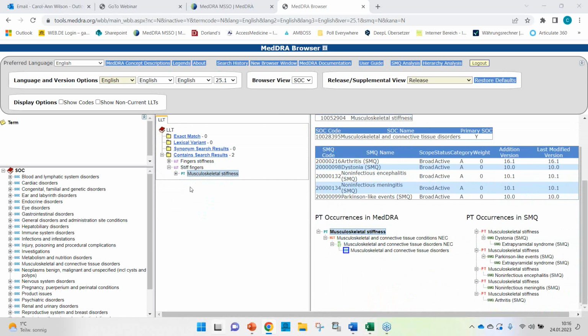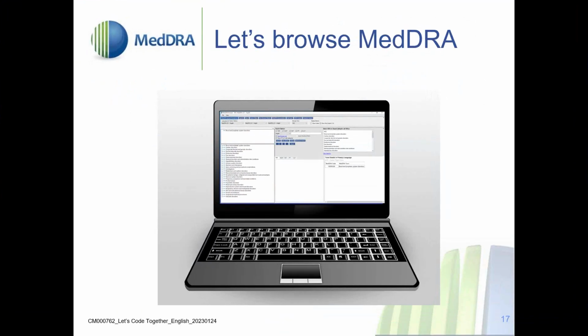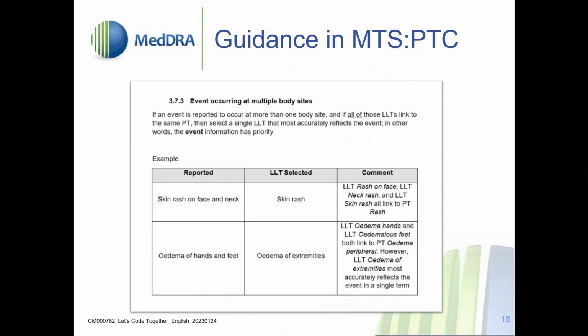Let me switch back to my slides. Here we are. The MedDRA points to consider document for term selection provides guidance for verbatims where a given event occurs at multiple body sites and where all associated LLTs are linked to the same PT.